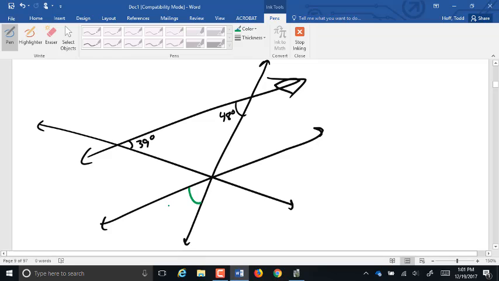Throwing in 48, very good. If we look at the lines that are really of use there, we have the parallel lines and the transversal. The 48s are cut by the transversal. They have to be the same.